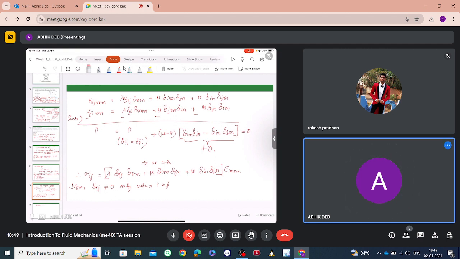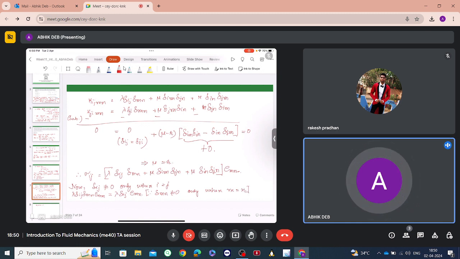Just a minute. So this one will be lambda delta ij delta mn emn, which is equal to lambda into delta ij into emm, since delta mn is not equal to 0 only when m is equal to n.